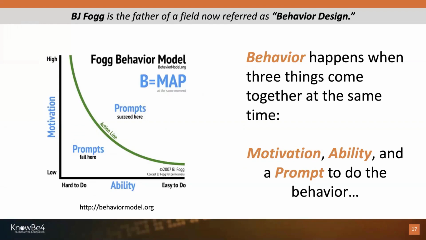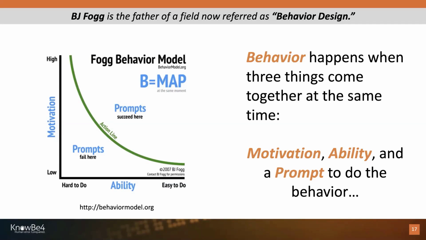And then here's the Fogg behavior model. This is really, as I mentioned, the underpinning behind many of the apps that have been most successful out there today. And it's a model that can be adopted for really any behavior that you want to promote. And so the way that behavior works is that behavior happens when three things come together at the same time. Motivation, which can range from low to high, so there's a full spectrum there.